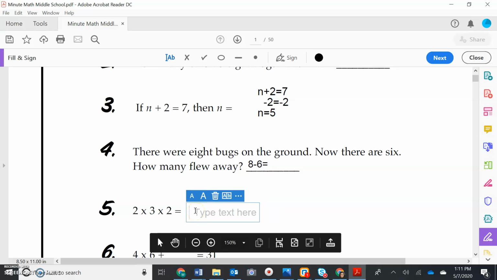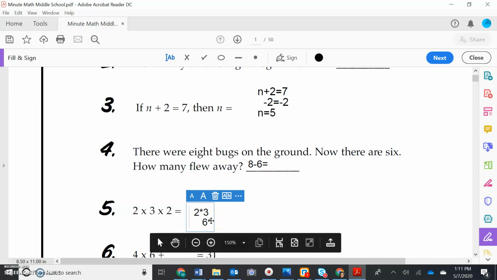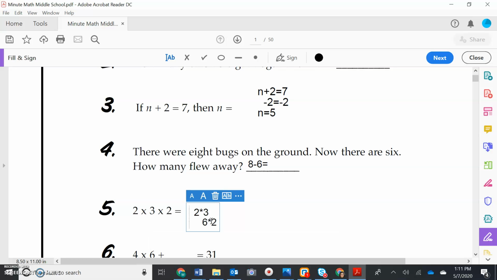Okay, let's do this one. Here we have, first, the 2 times 3, which we know equals 6. Now we still have that other times 2 we haven't done yet. So the 2 times 3 is equal to 6, and the 6 times 2 is equal to 12.